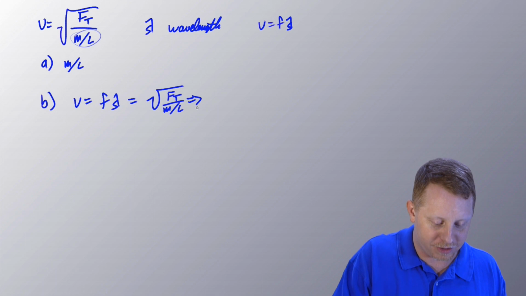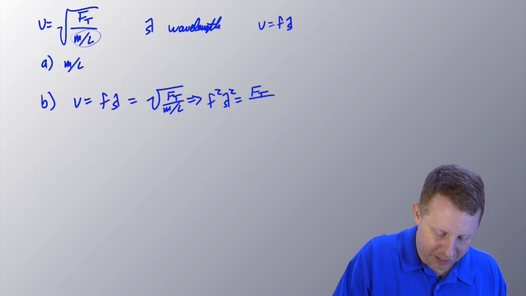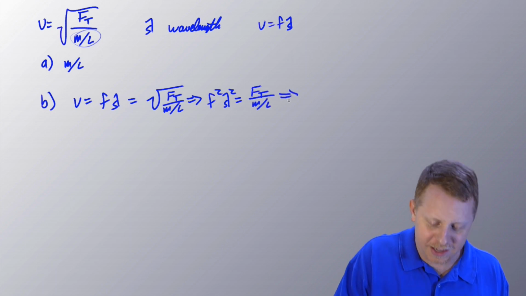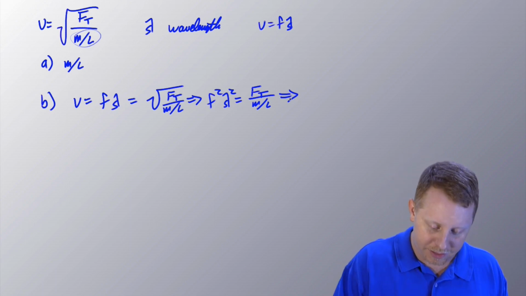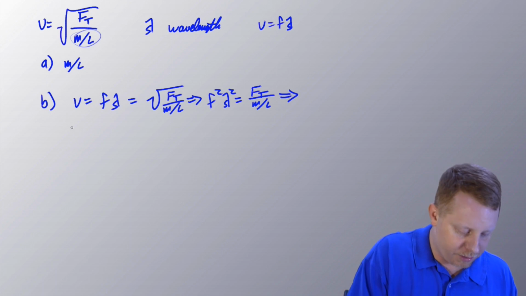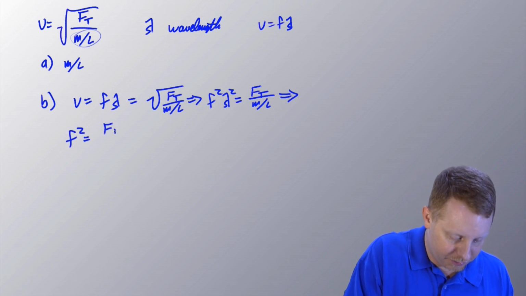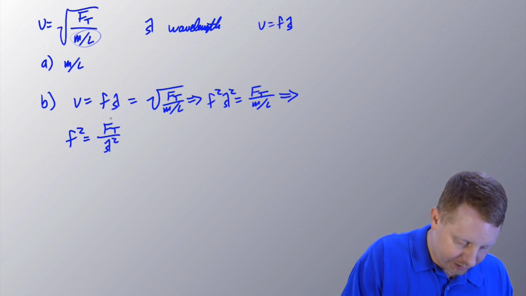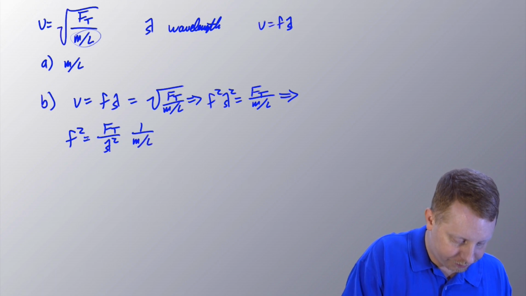So I'm going to square both sides and say that f squared times wavelength squared equals tension divided by m over L. Let's rearrange this a little more to put it in a form that might be more useful for graphing. If we wanted to graph the square of frequency, f squared would be equal to the tension divided by our wavelength squared times 1 over m over L.